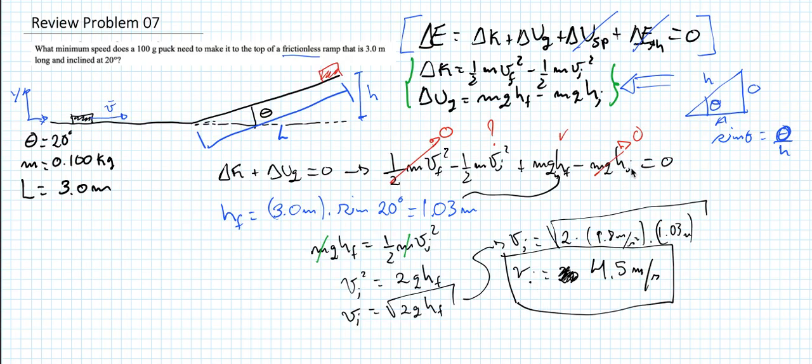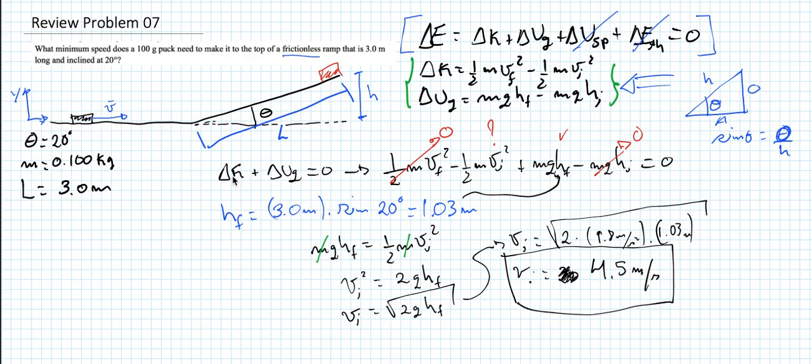So just remember what we did. We made the drawing. This is very important because you're going to visualize everything. We understood that the puck will come this way and reach the highest point. At the highest point, the velocity will be equal to 0, which means we can cancel a lot of things, right? The final velocity. So we put all the equations here that we need because we're going to use conservation of energy.